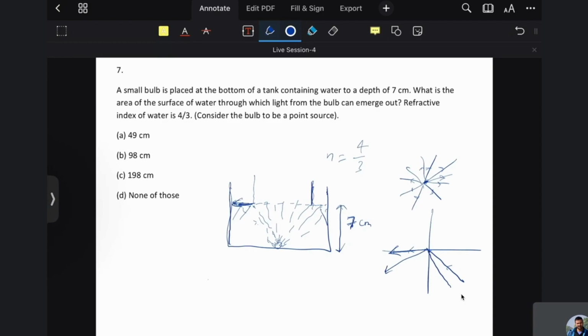So let me draw a better diagram. Suppose this is our tank of water. This is our point source O, and this is the surface. This is the normal. Let's call this point A, which is perpendicular, and suppose this is the light going like this at the critical angle.